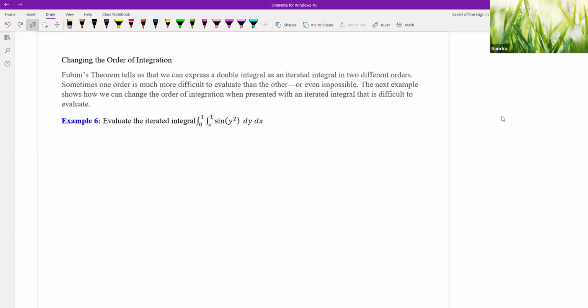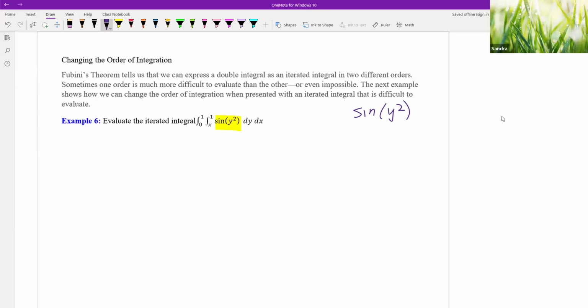Okay, so in this particular case, they're giving us the integral right here, and they want us to integrate this with respect to y. But it is not possible to integrate with respect to y because we have a sine y squared.